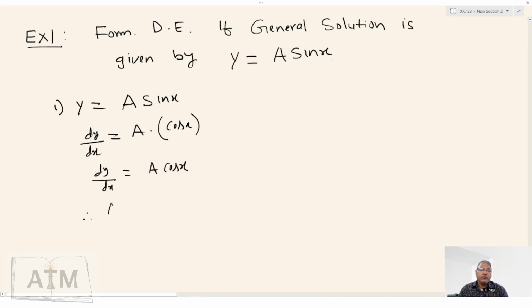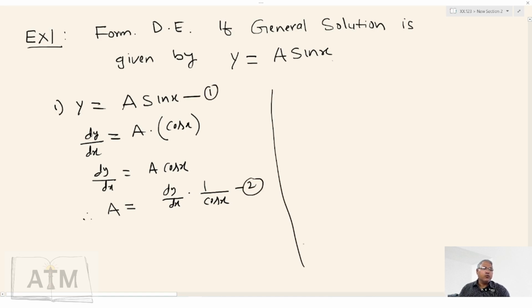Therefore a is dy by dx into 1 upon cos x. Call the given equation 1 and this one 2. Now you put the value of a in equation 1. Putting equation 2 in equation 1, we have y equals a, where a is dy by dx into 1 upon cos x, multiplied by sin x.